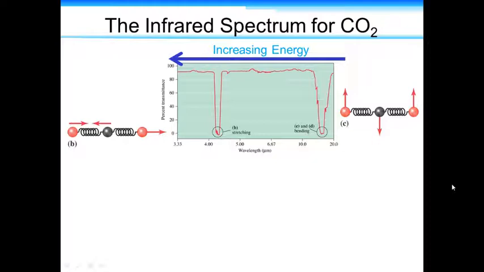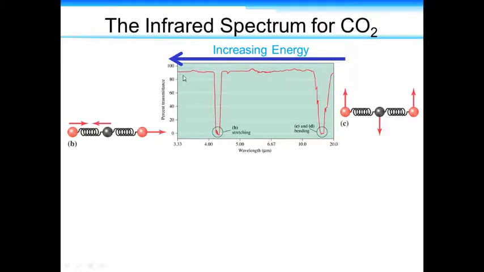So what was absorbed and what wasn't. If you have a greenhouse gas, then some of that infrared light would have been absorbed. And that's what we see here. This is percent transmittance. Okay?